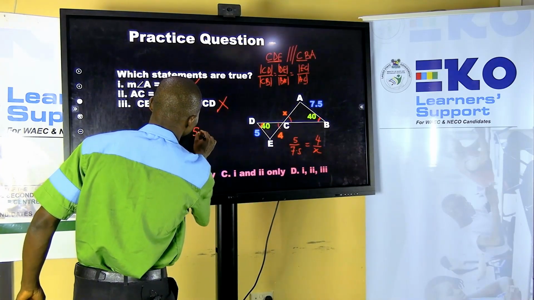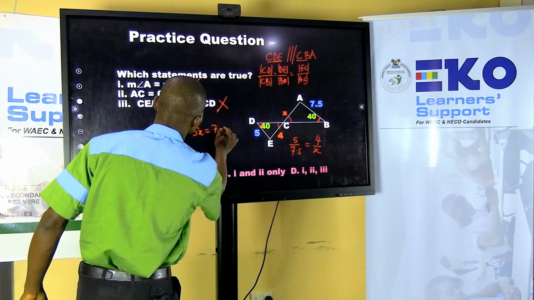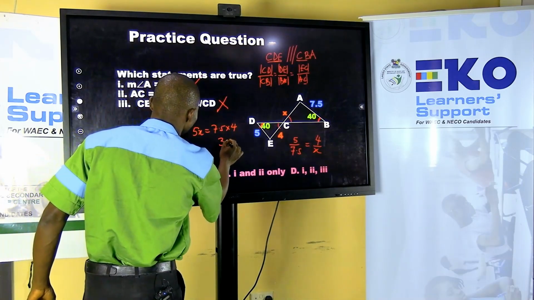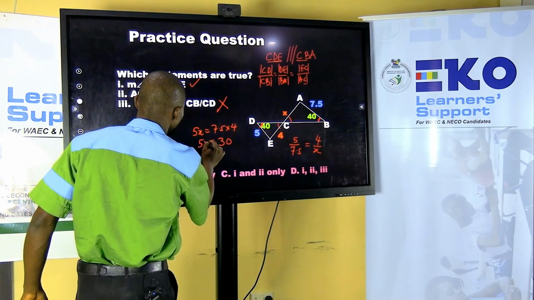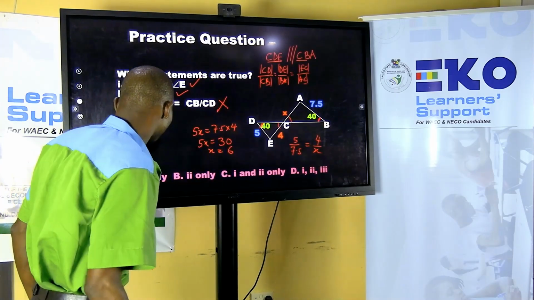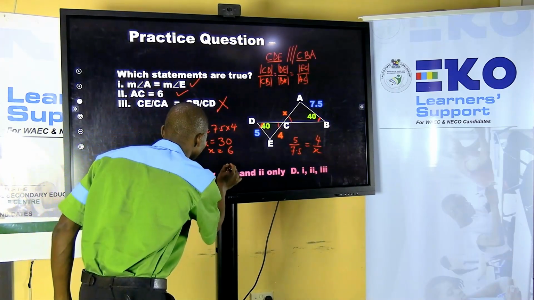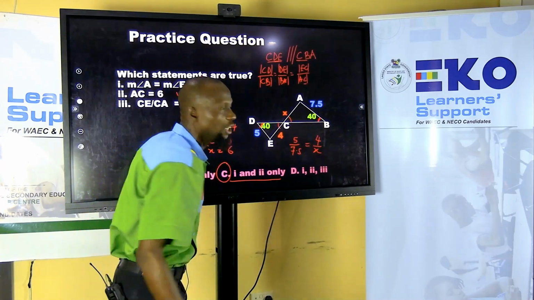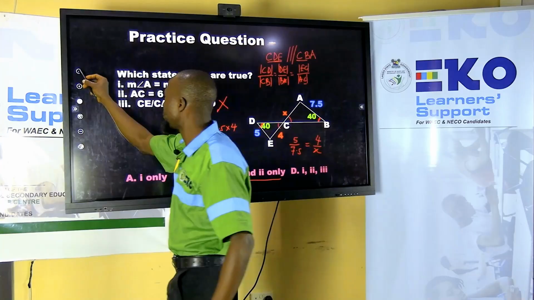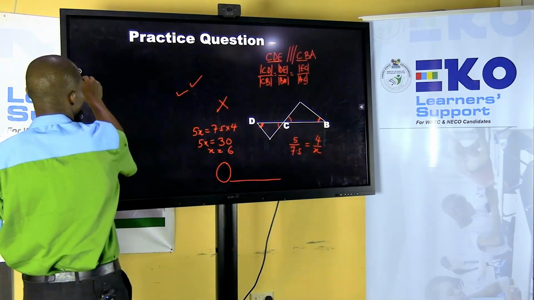We have 5x equals 7.5 times 4, and that is 30 equals 5x. So x equals 6. This is correct. So 1 and 2 only. The answer is C. 1 and 2 only is correct. So we have been able to look at that.